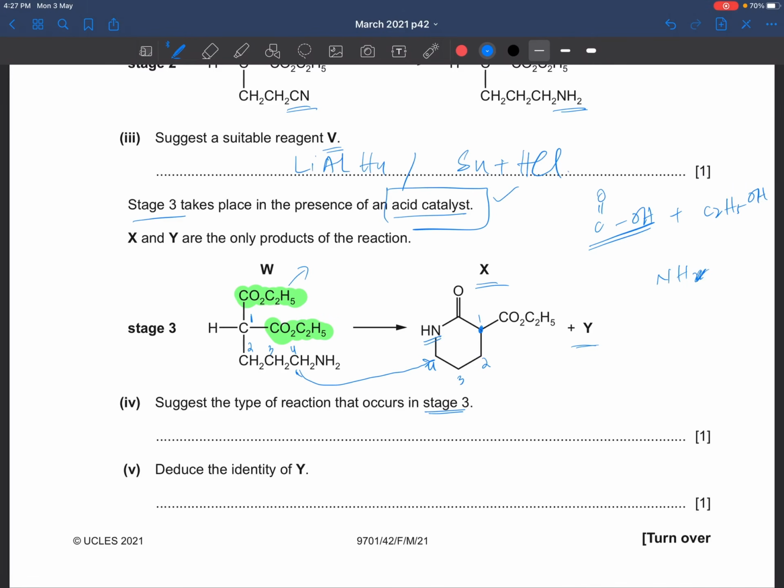This will lose hydrogen, this will lose OH, and this will combine to give us CONH. So one of the CO2C2H5 first hydrolyzed and then condensation.